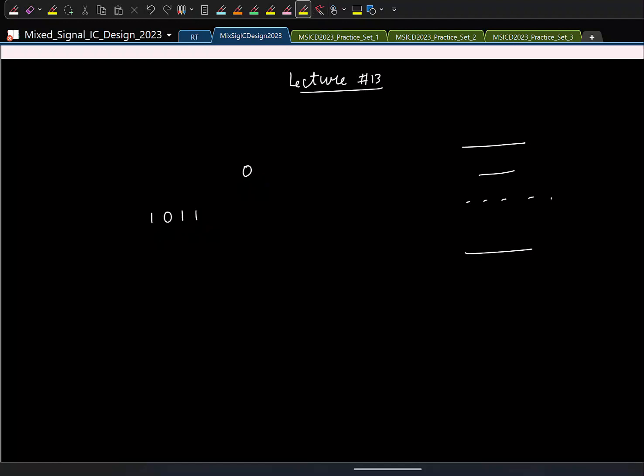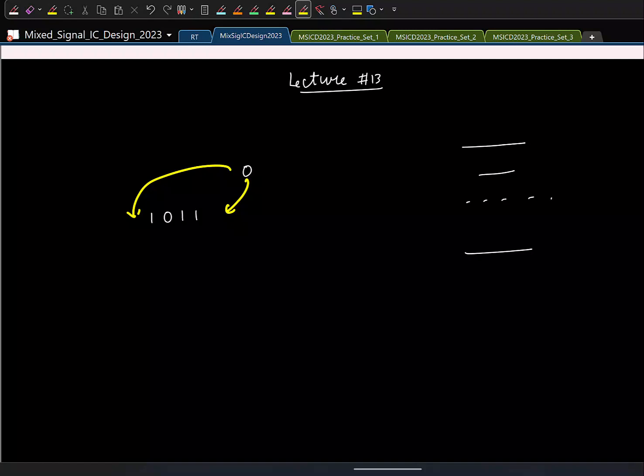So how will you put it? You will put the 0 here or here. Understand the question, right? You already have 4 bits from the flash, and you got an extra bit decision from this time interpolation.